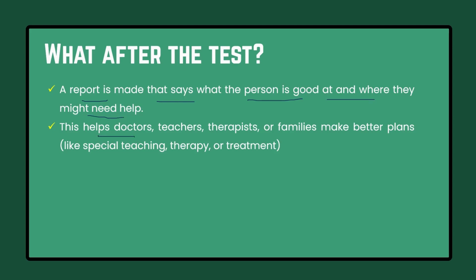This helps the doctors or teachers or therapists or even families to make better plans, like special teaching or therapy or treatment for the patient. Okay, so after conducting a test, a report is made for the patient, and this report is shared with the family, the teachers if it is a student, or the therapist or the doctor who is conducting the treatment, and it will help them to decide how to help the person to improve their cognitive functions.